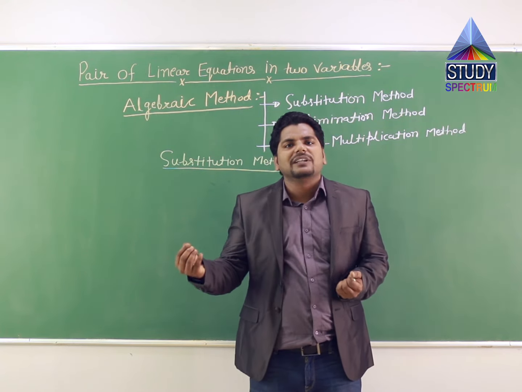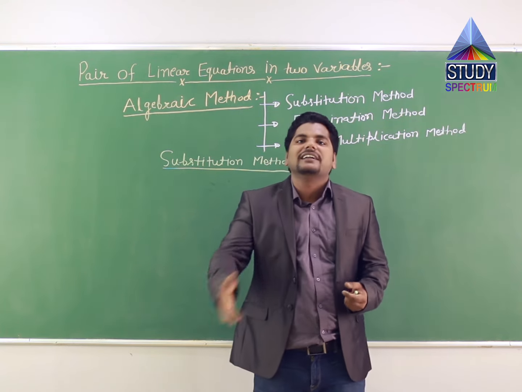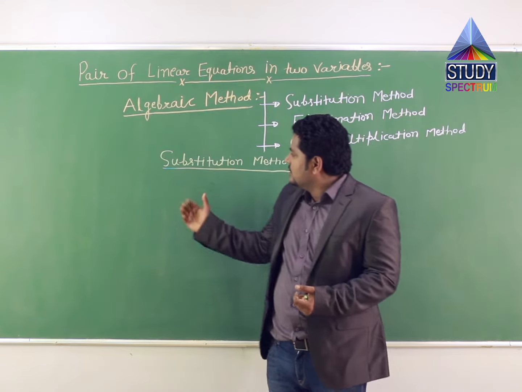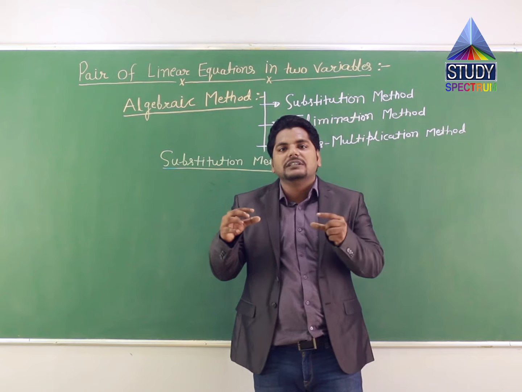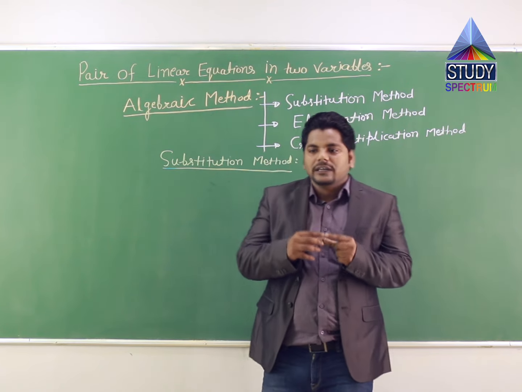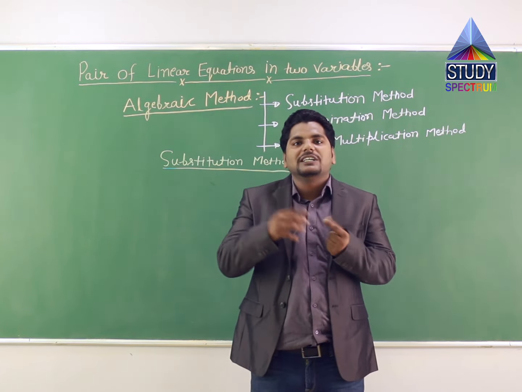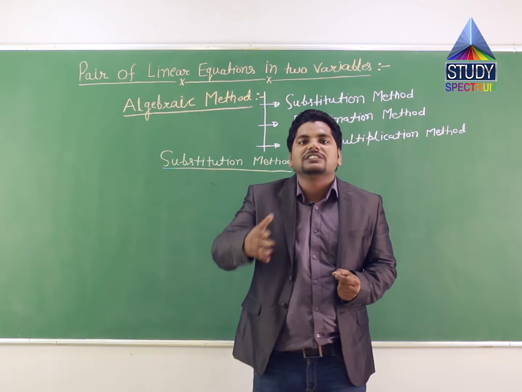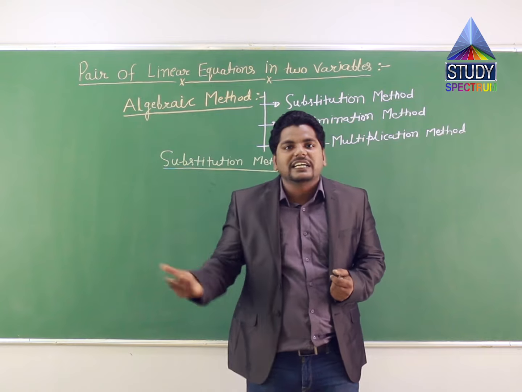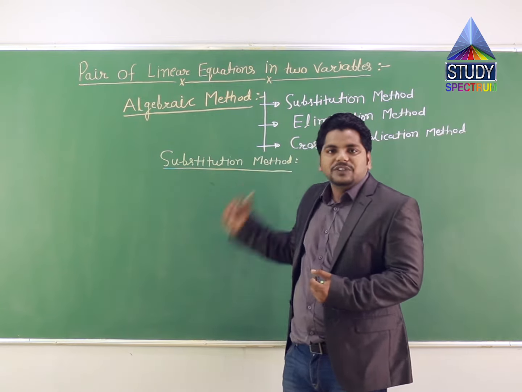So we get one variable, then with the help of that variable we get another variable. So this method is called substitution method because from one equation we express one variable in terms of the other and this variable is put in, or substituted in, the second equation.